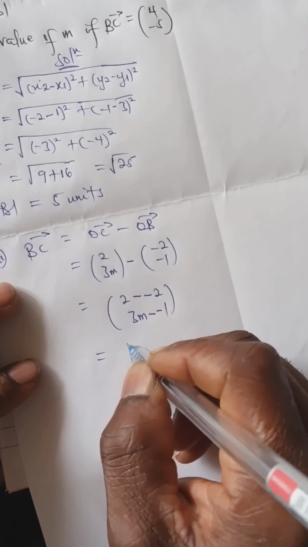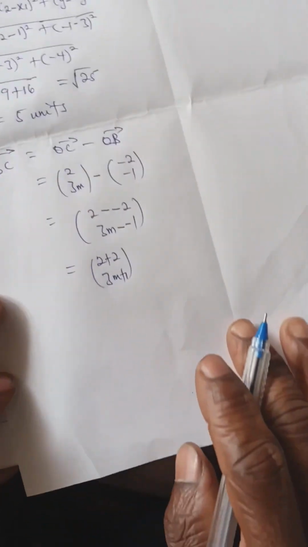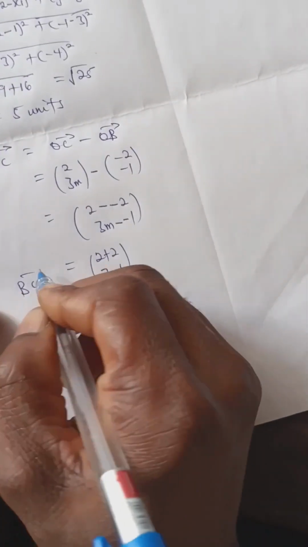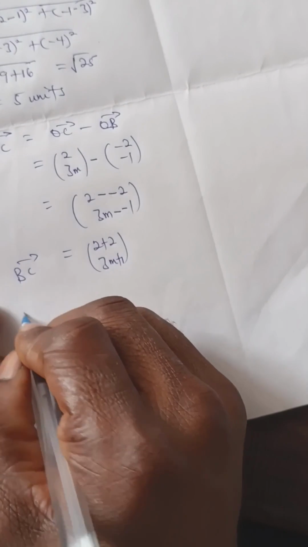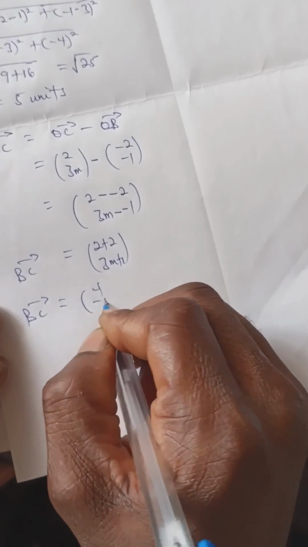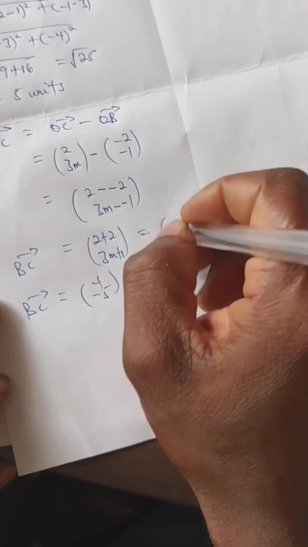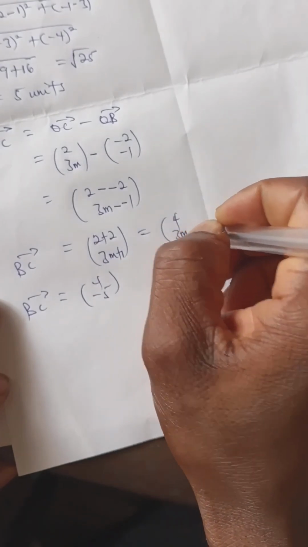Then this is going to be 2 plus 2, 3m plus 1. Then we are told that if this is the same as (4, minus 5), then you have to find the value of m. So you say this is equal to (4, 3m plus 1).